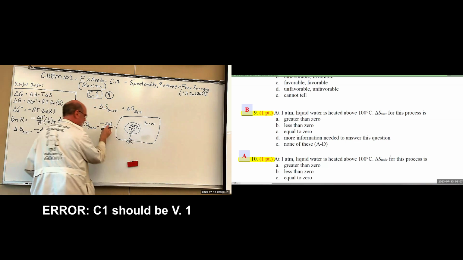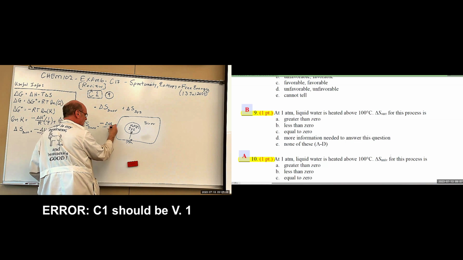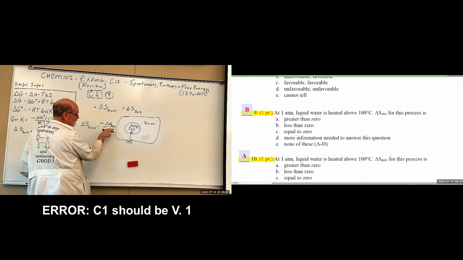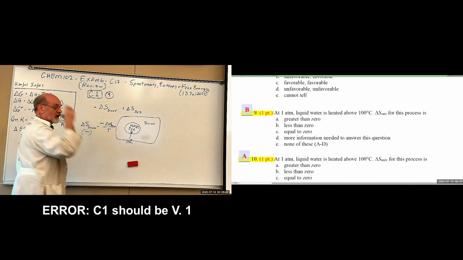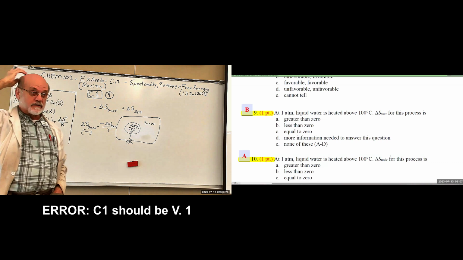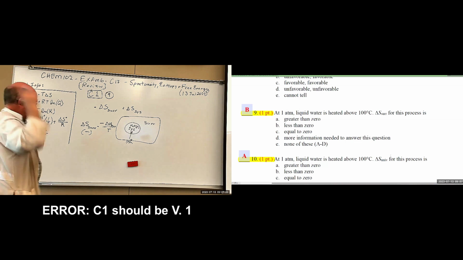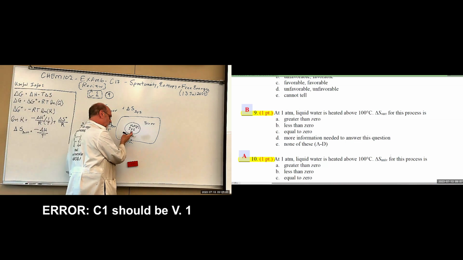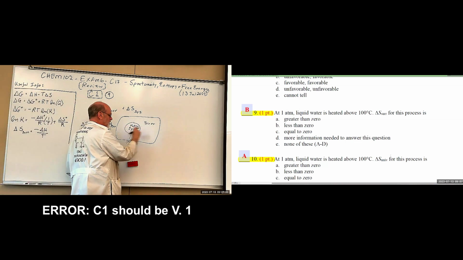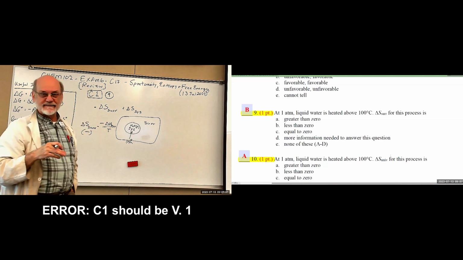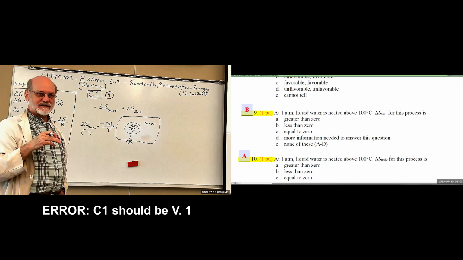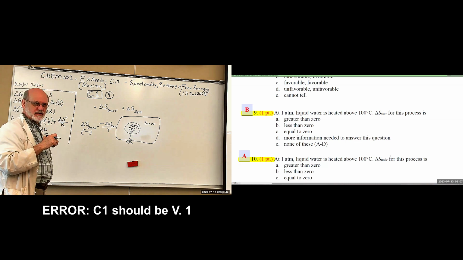Excuse me, this is system. So if this value is positive, then the overall value is negative. And that means the delta S for the surroundings would be negative. So that means as we're increasing the entropy of the system, we're decreasing the entropy of the surroundings. Okay, I hope I didn't confuse anybody with that one.